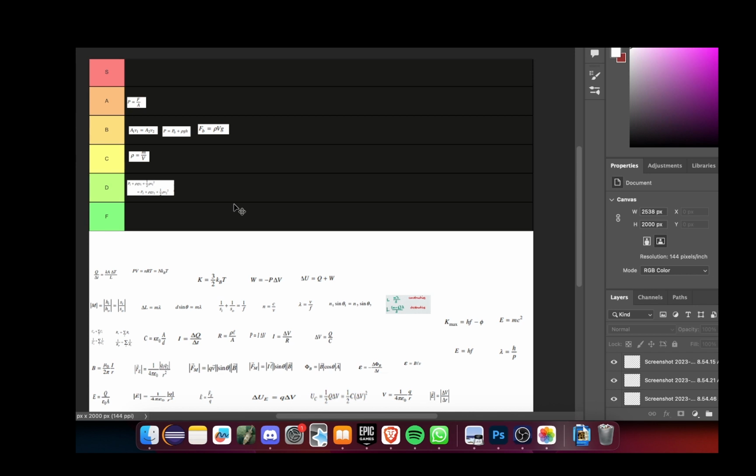All right, so now we're going to be talking about thermodynamics. Thermodynamics was the second unit in our physics curriculum, at least in the order that we attacked it. So let's get started with some of the equations.